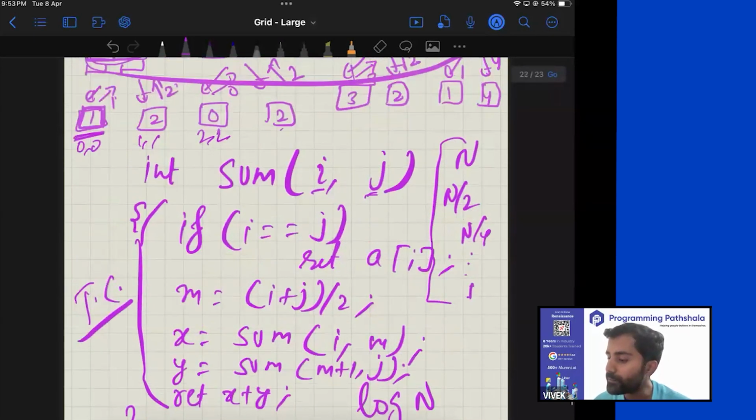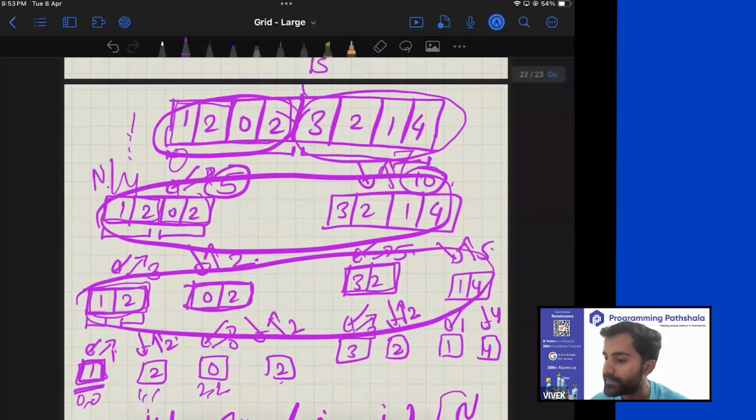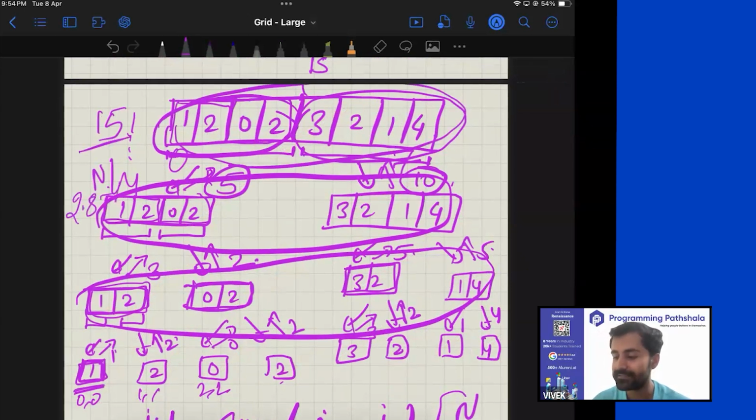See, you count the number of function calls. Let's count the exact number of function calls in this case. 1, 2, 3, 4, 5, 6, 7, 8, 9, 10, 11, 12, 13, 14, 15. So how many function calls are there? 15. And how many elements were there in the array? 8. Right? This 15 is exactly equal to 2 into 8 minus 1.